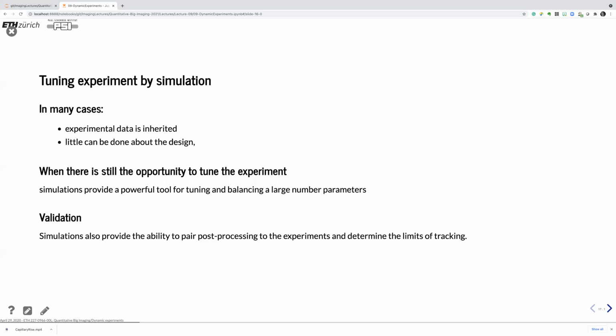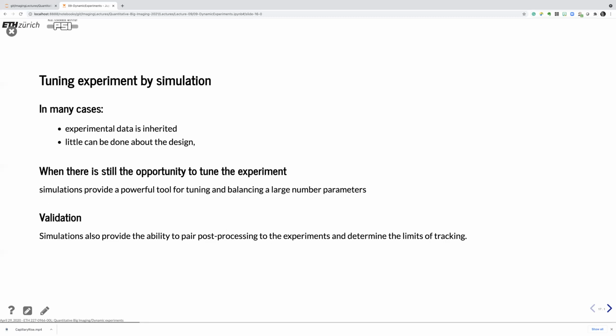Sometimes the experiments are more complicated, and then you want to tune the experiment beforehand, or at least get some ideas about how to work the experiment. It is sometimes possible to model what you want to see and get some ideas in advance. Sometimes you can't even redo the experiment because you inherited the data.